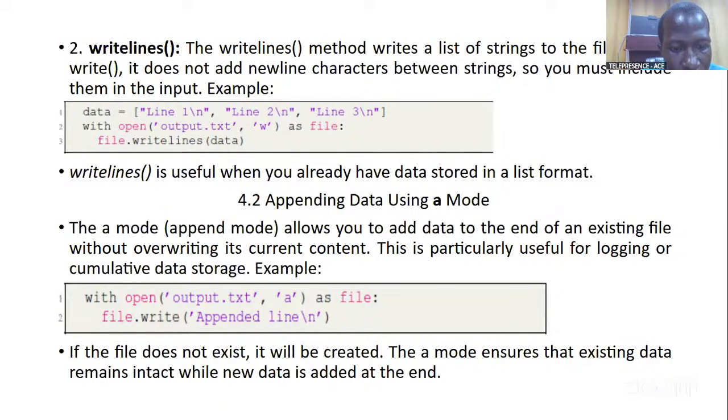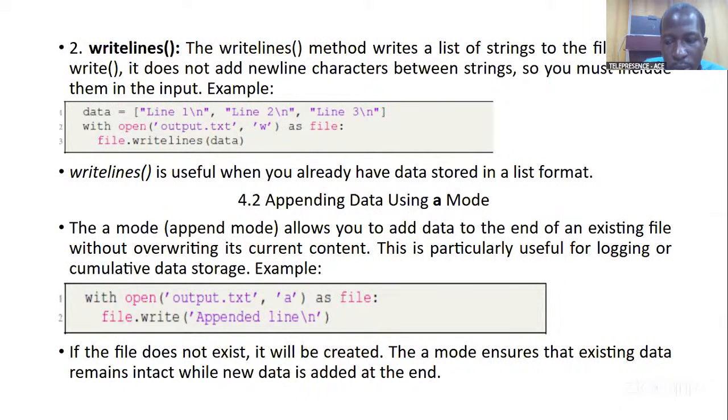If the file does not exist, it will be created. It will be created in case the file that you mentioned, output, does not exist. So it will create a new one. The A mode ensures that existing data remains intact while new data is added at the end.